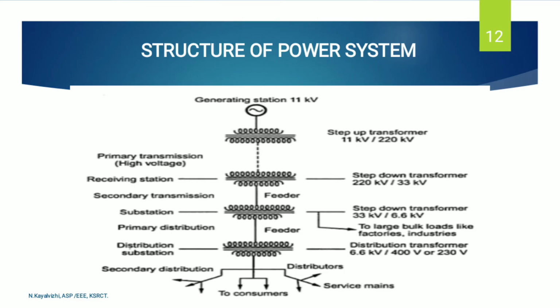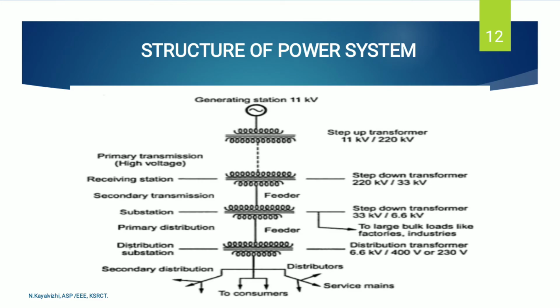Then we have secondary transmission, like a feeder, which is received by the substation, where a step down transformer reduces 33 kV to 6.6 kV. This voltage is largely used for bulk consumers like factories and industries.